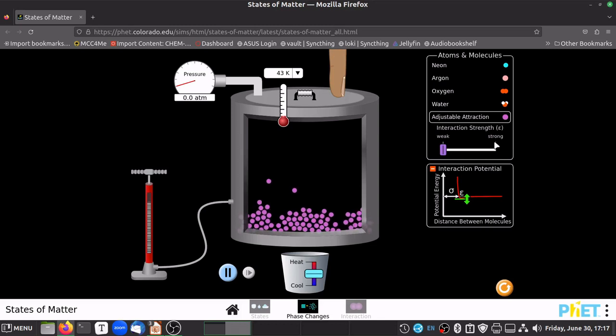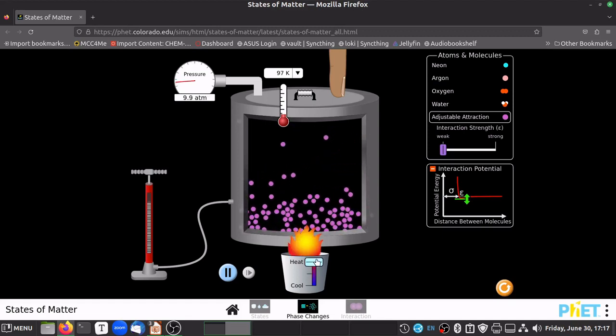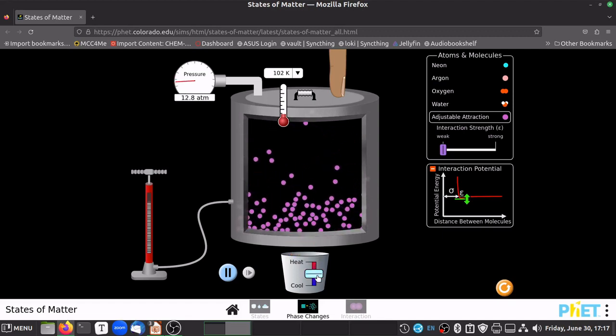So decreasing the interaction strength caused our material, when we had the exact same temperature, to be a liquid instead of a solid. If we increase the temperature a little bit, we can start to see it approximate something that looks like boiling.